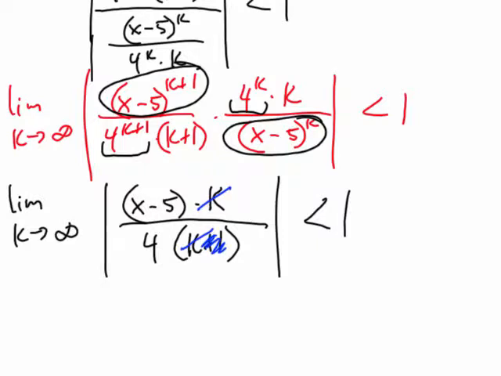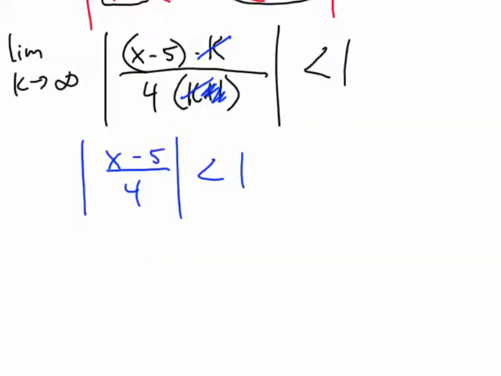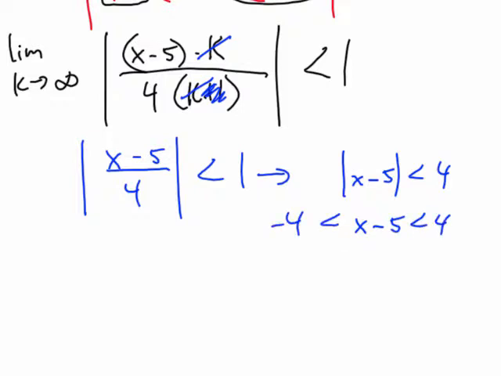These will cancel out. And as k goes to infinity, I will then have this being less than 1. So I can write that like so, which means that x minus 5 is between 4 and negative 4. And if I add 5 to both sides, I've got two equations in one here. x is between 1 and 9.